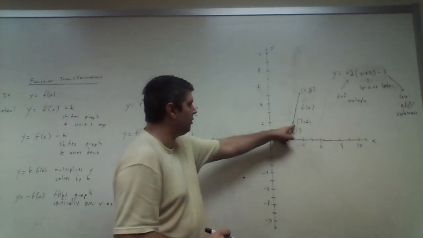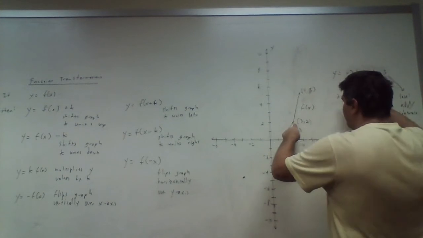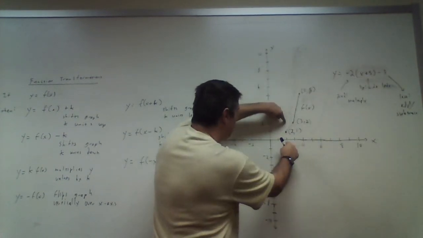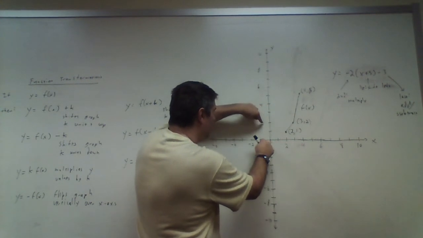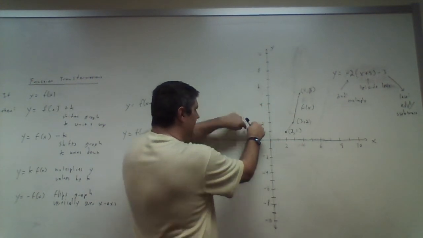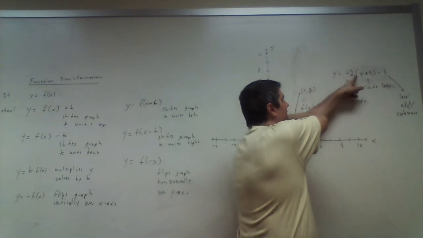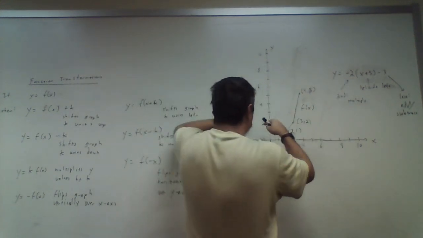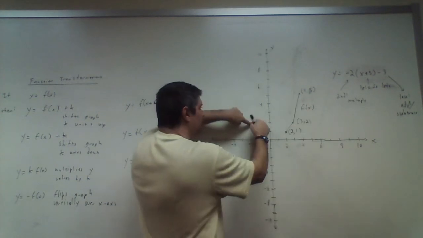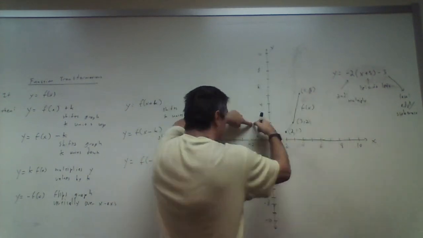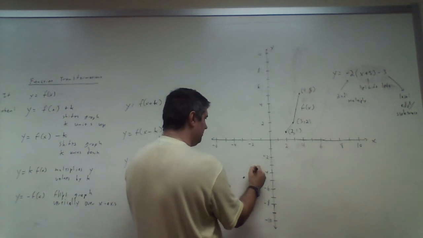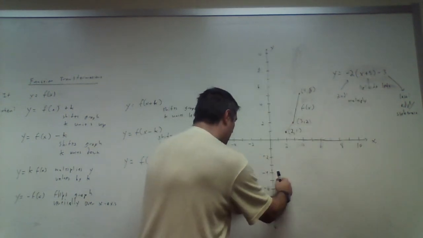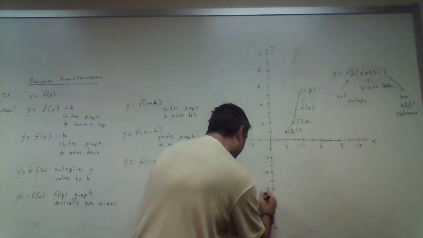Next step, we're going to do this one. We're going to shift 5 units to the left. So 1, 2, 3, 4, 5. Here's what it would be if all we were doing was shifting, but now we're going to multiply by negative 2. The y-coordinate 2 times negative 2 is negative 4. But then we're also going to go down 3. So 1, 2, 3.